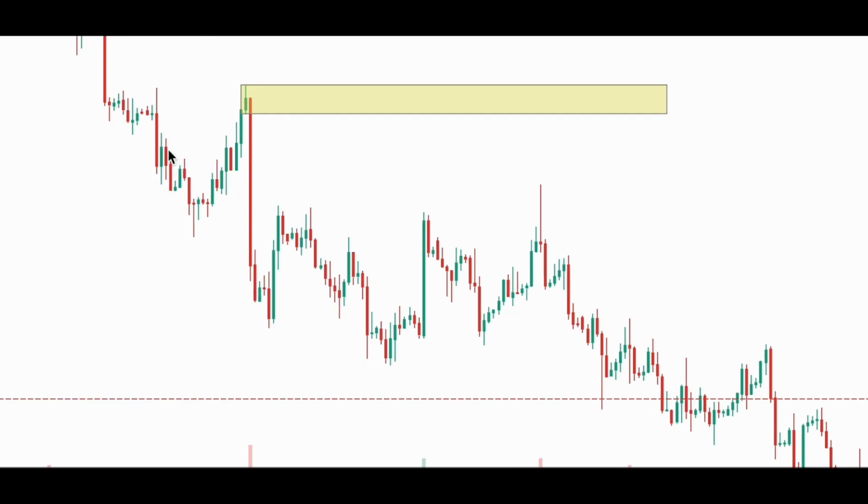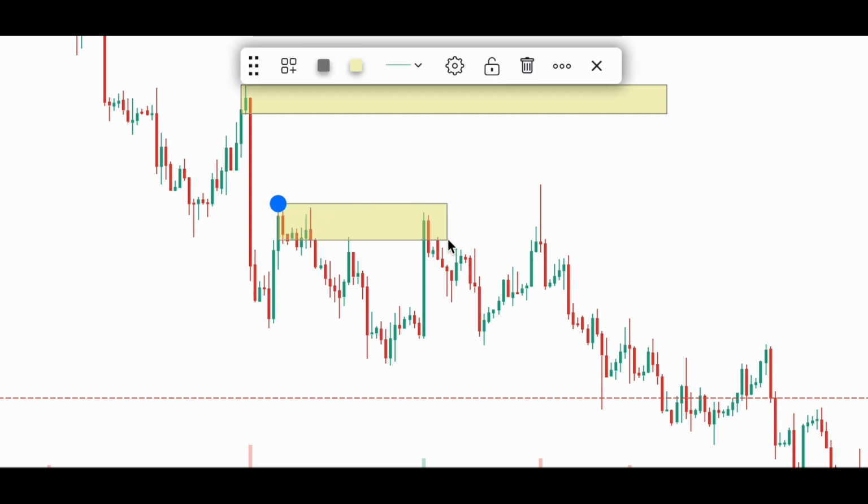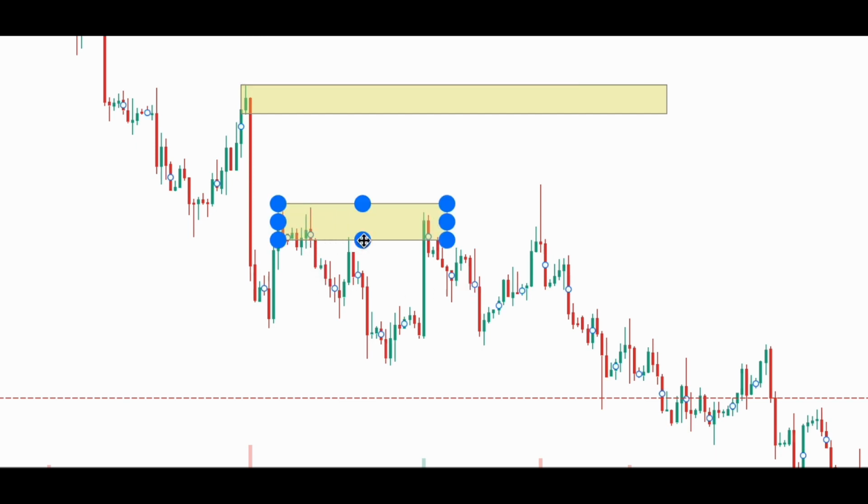When the price has a breakout, then yes, this is another new zone right here. Can you see? This is another new zone with a rally base drop. When this is the zone, we know this is where we are going to sell.